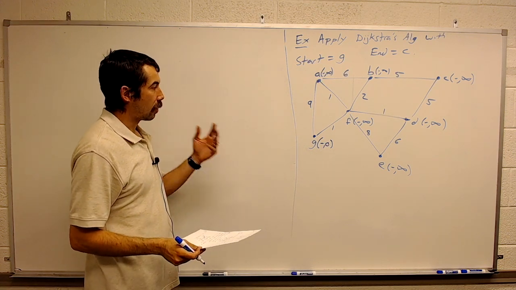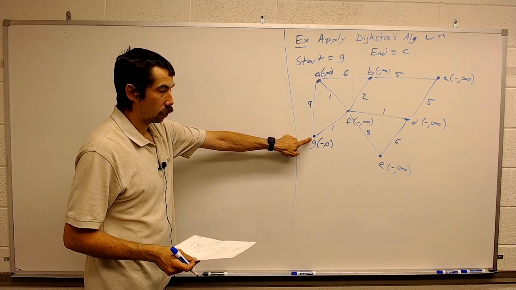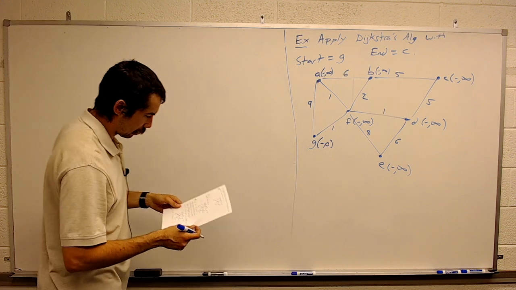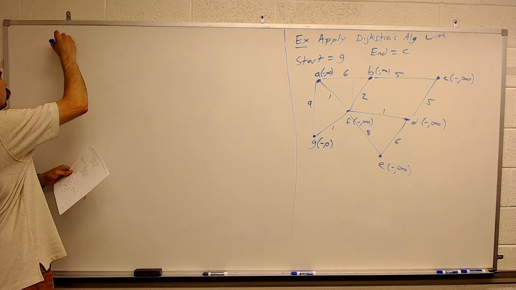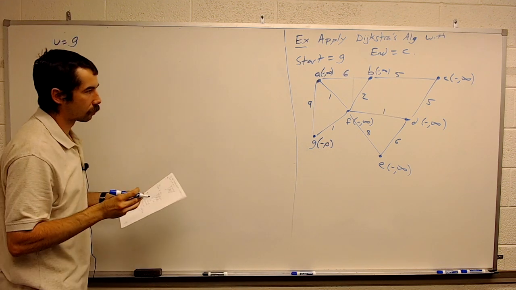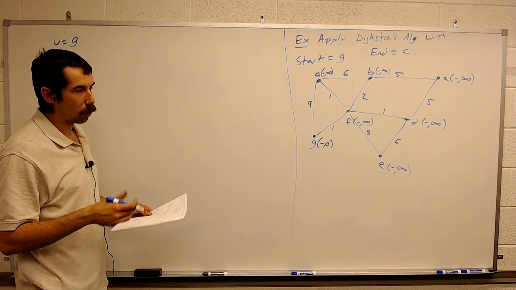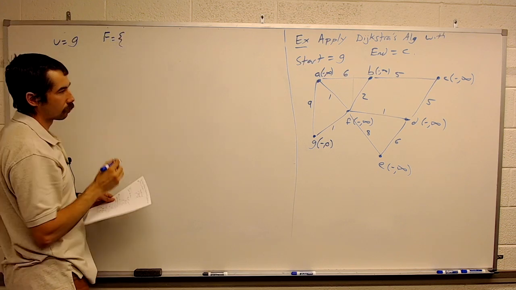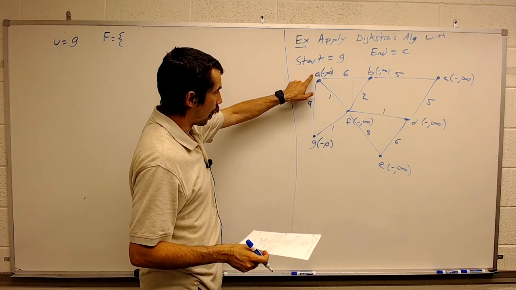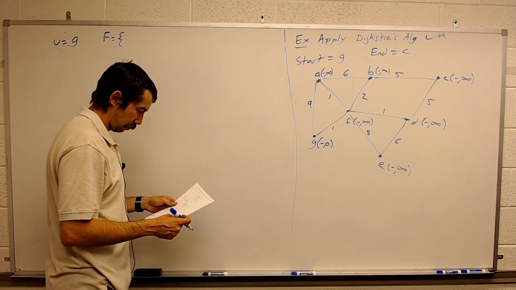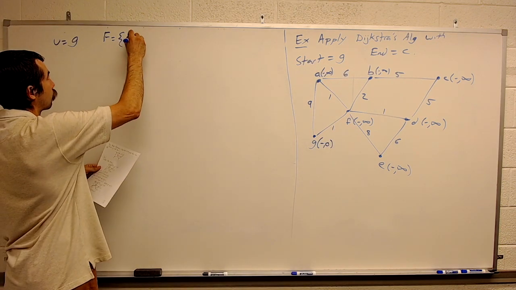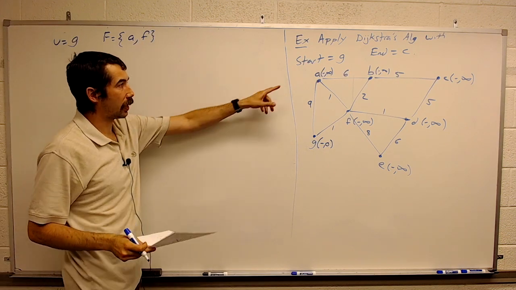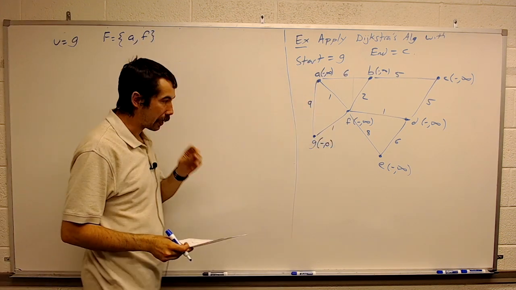Okay, so now we're at G. So we typically use the letter U to represent where we're at. So U is G. The neighbors of U, which we called capital F, are A and F. Okay, so for each of these, A and F, we need a check.